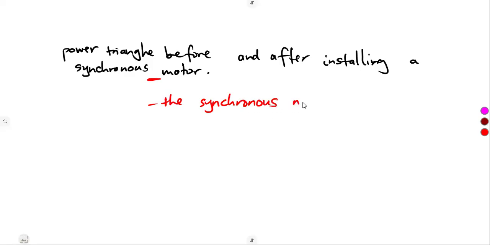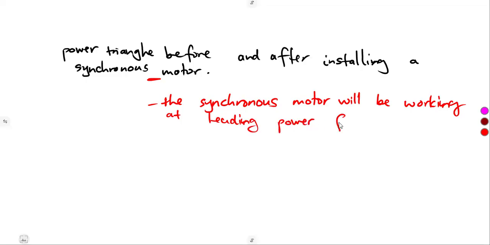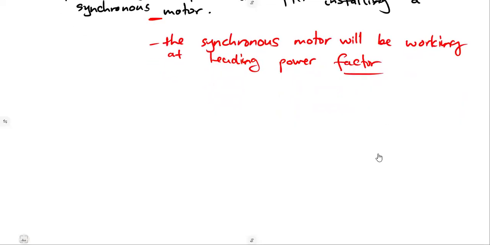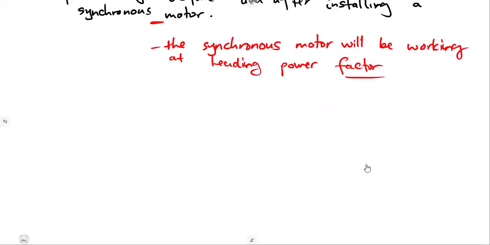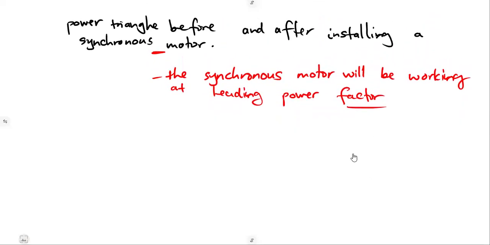A synchronous motor will be working at a leading power factor. So on our power triangle, this is what we are going to have at the end, because it is working with a leading power factor.